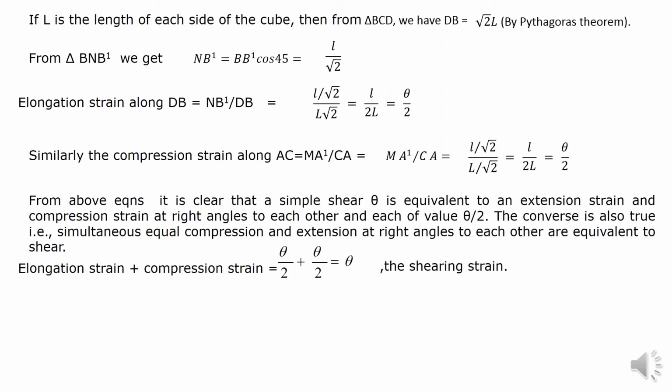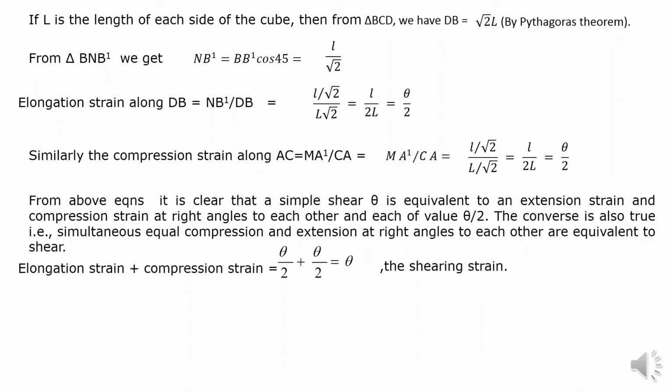which is equal to theta by 2. Similarly, the compression strain along AC is equal to MA dash by CA, which is equal to l by root 2 divided by L by root 2. We get l by 2L, which is equal to theta by 2.